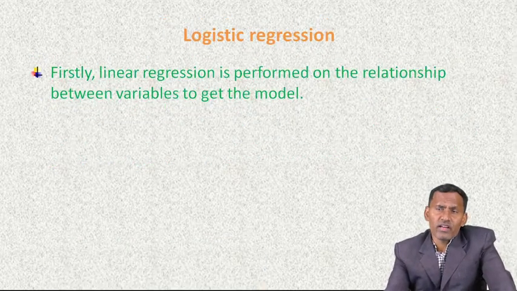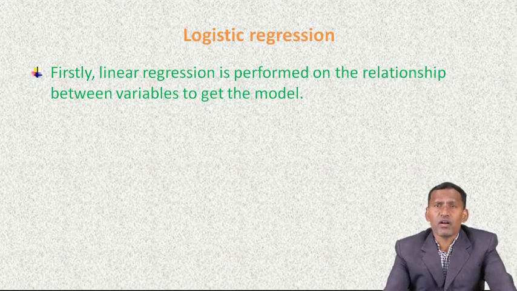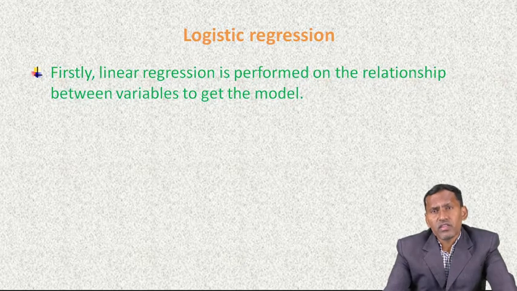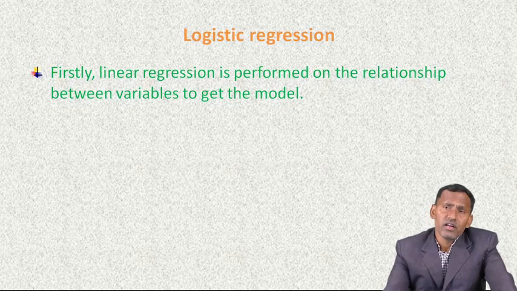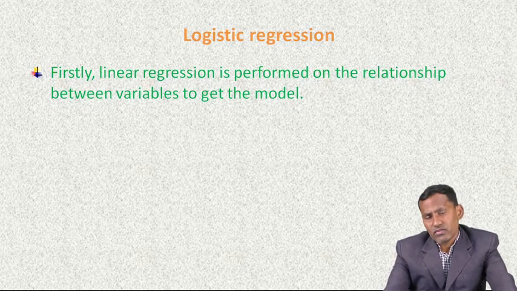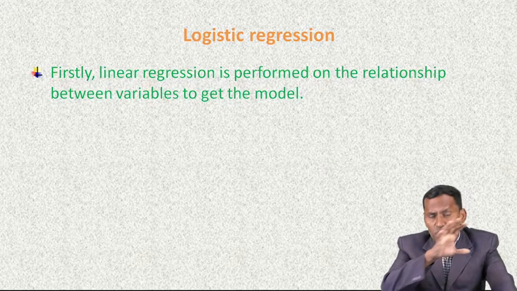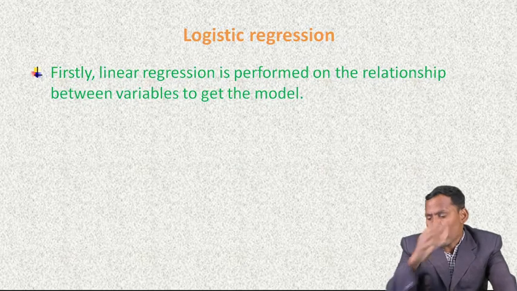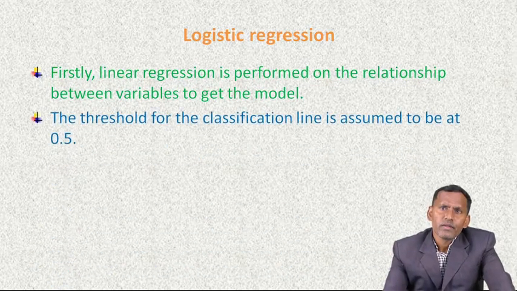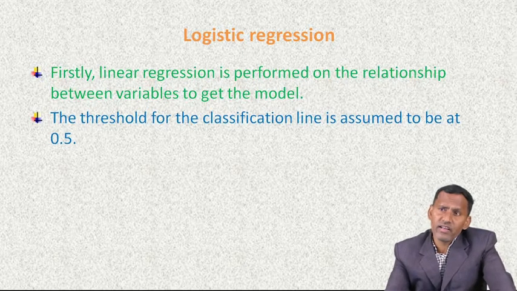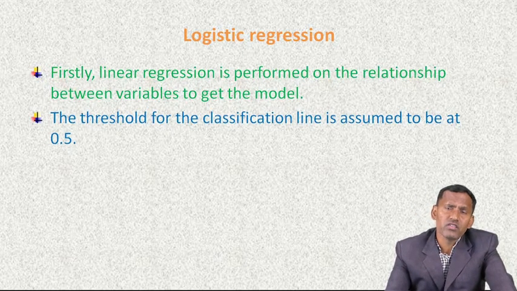In logistic regression, first of all, we have to form a linear regression. This linear regression is performed on the relationship between the dependent and independent variables. First, we have to build that model. The threshold value for the classification line is assumed to be at 0.5.